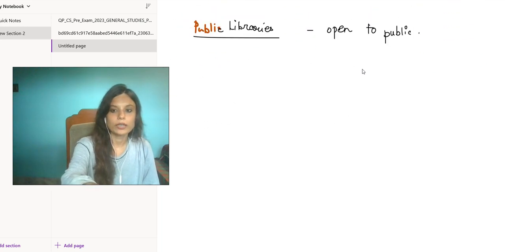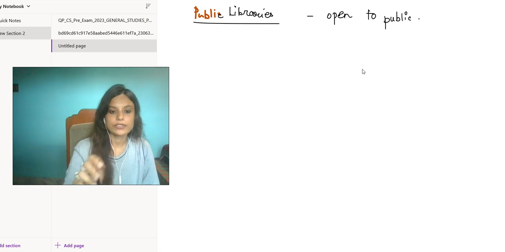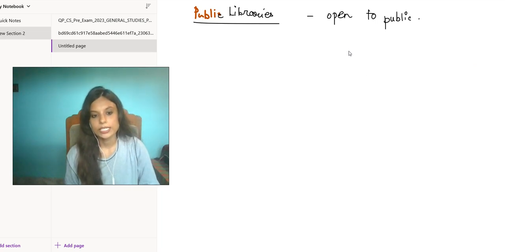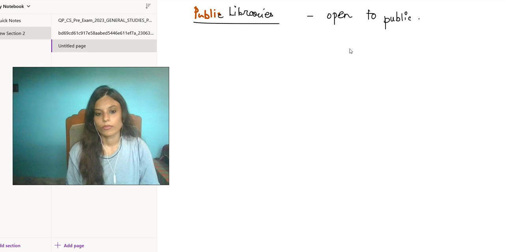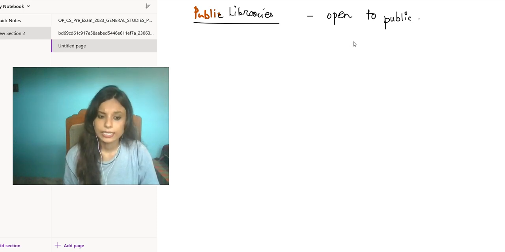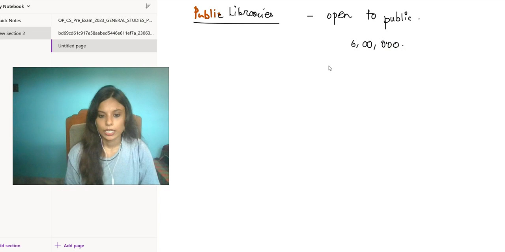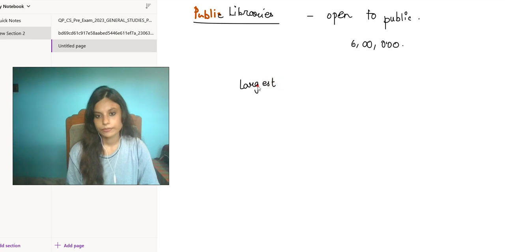How many public libraries can we see in India? We can see almost 6 lakh public libraries in India, and the largest public library in India is the National Library, which is in Kolkata. We have already discussed this name once before also.